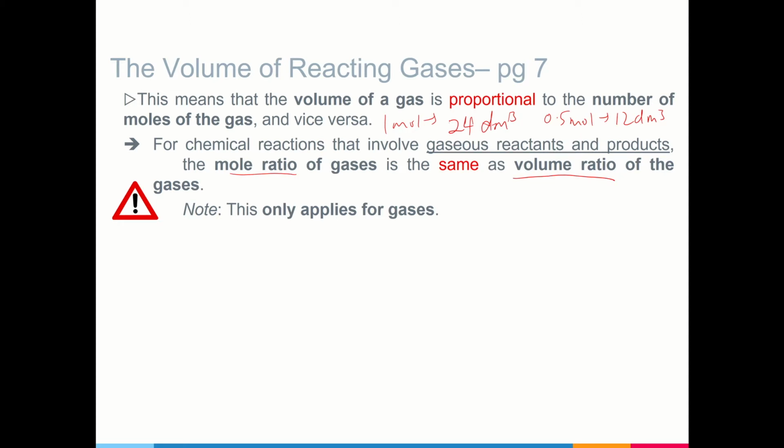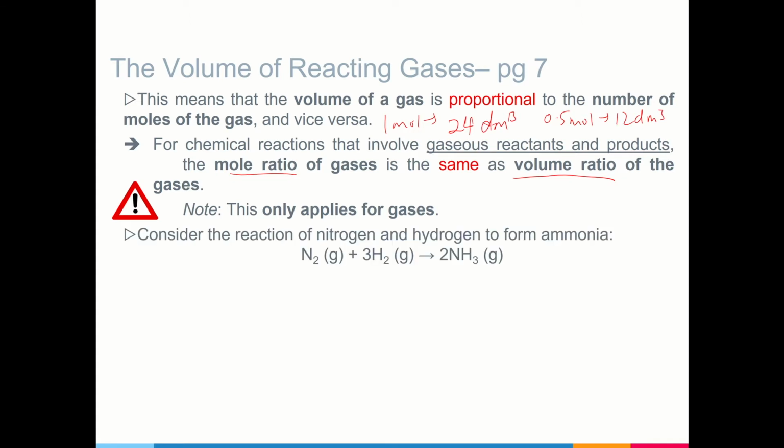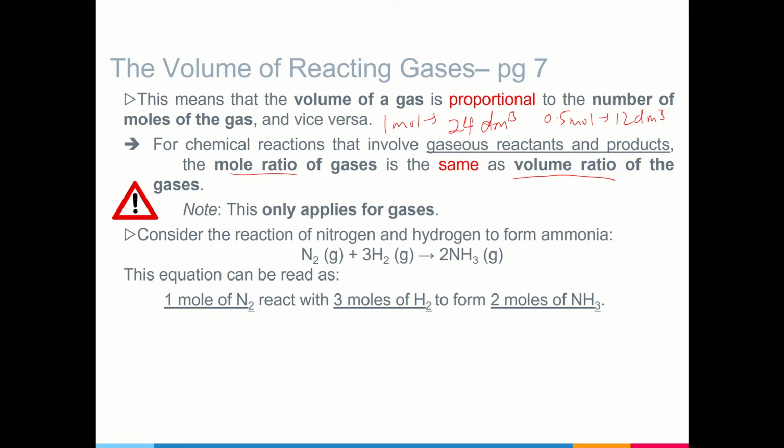So what do I mean by this? For example, take a look at this equation. Nitrogen and hydrogen, they can react to form ammonia. So from this equation, 1 mole of nitrogen reacts with 3 moles of hydrogen to form 2 moles of ammonia. So if I want to use volume, since the mole ratio and volume ratio are proportional, that means they are same.